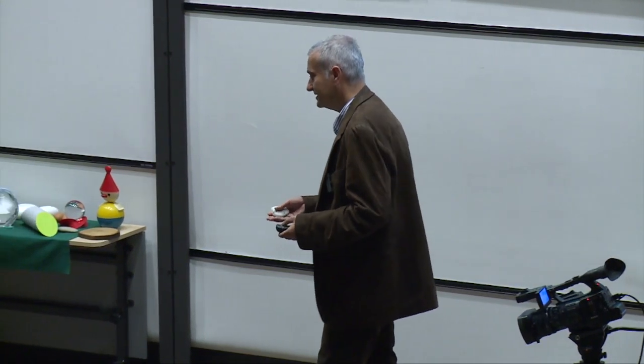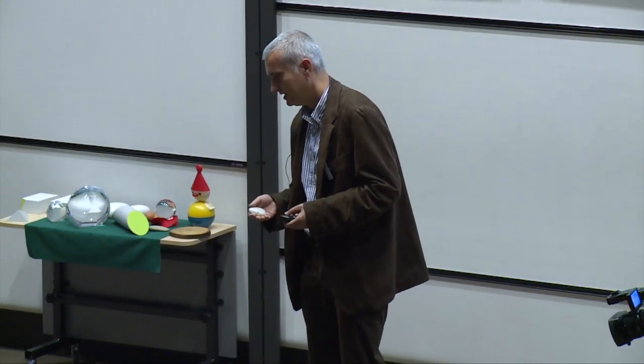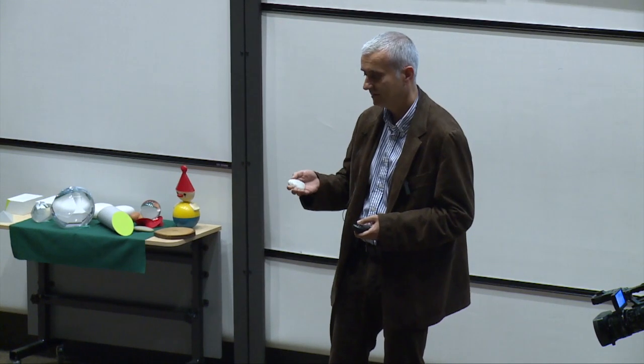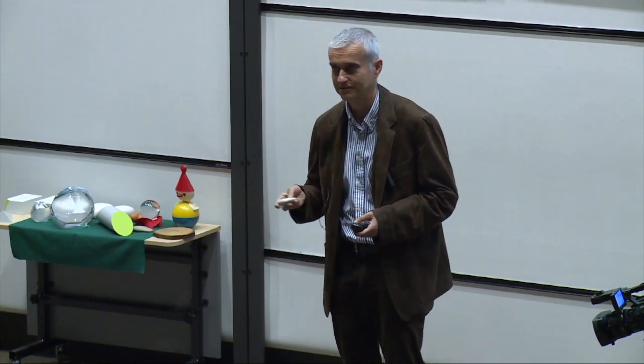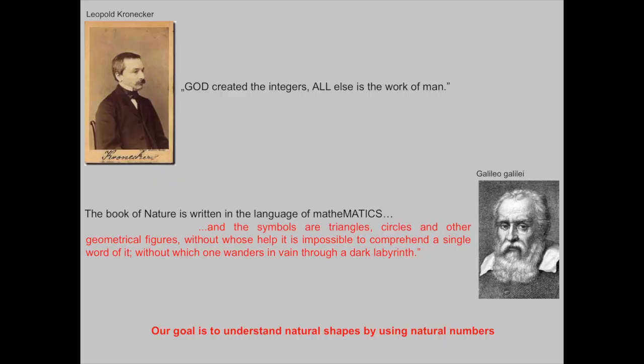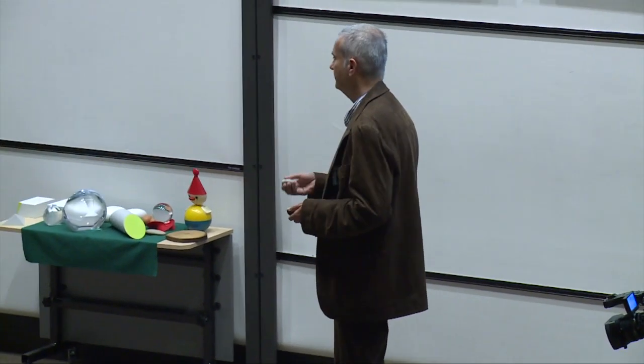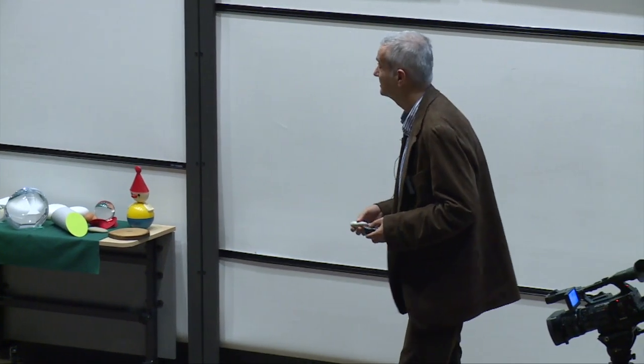However, if we need to understand them, we need to talk about them. And if you want to give names to the shapes, the first thing is to assign integer numbers to these shapes somehow. So our goal is, in a broad sense, to understand natural shapes by using natural numbers. To what extent can we explain shapes by the means of natural numbers?